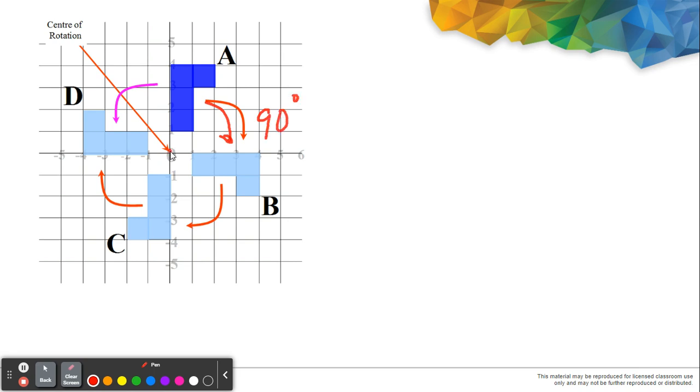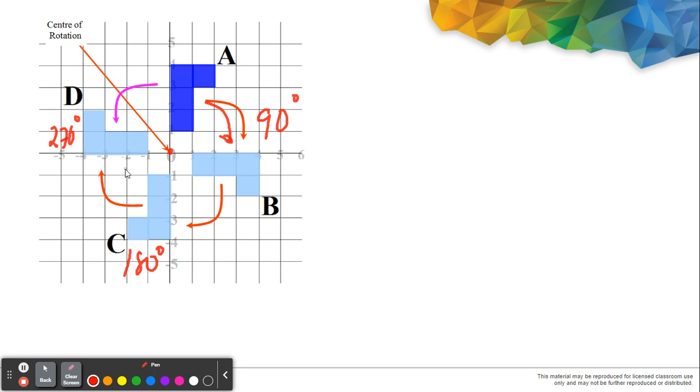Our center here is the origin as well. It turns our image down. This one is rotating our image 180 degrees clockwise as well. As you can see, it turns our pre-image upside down. And then finally, this one is rotating our image 270 degrees clockwise.